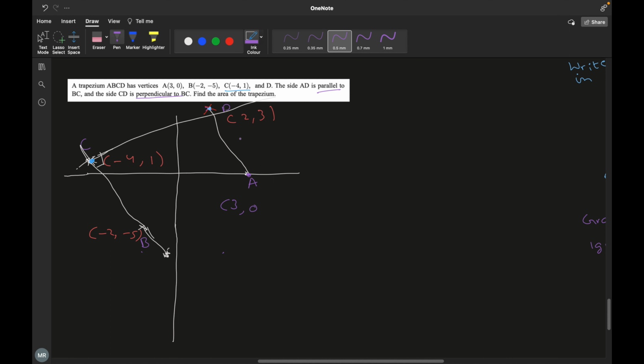So let's say this is E, this is F, and this is G. So the area would be E plus F divided by 2 into G. Let's first find E. E would be the square root of 3 minus 2, that's 1 squared plus 3 squared. And now F is the square root of 2 squared plus 6 squared.